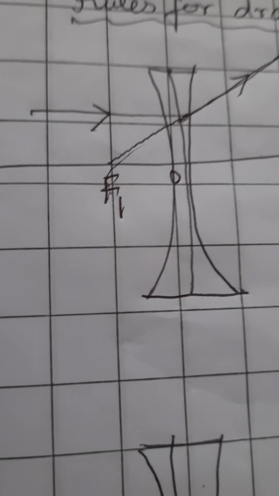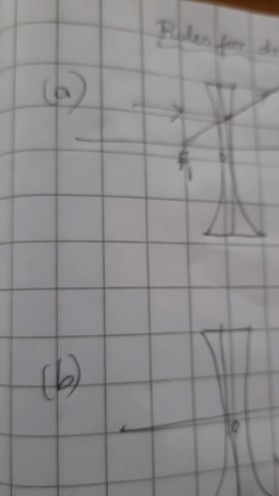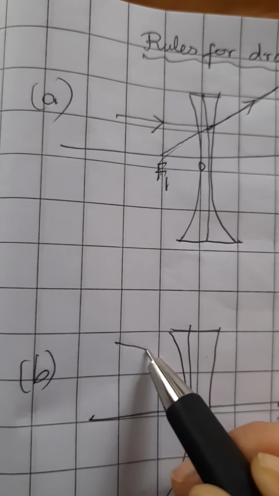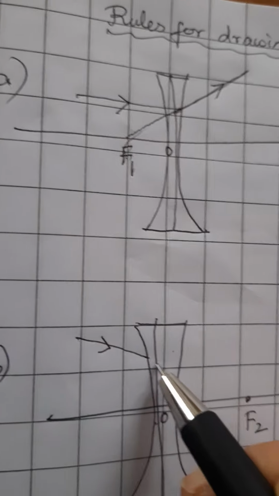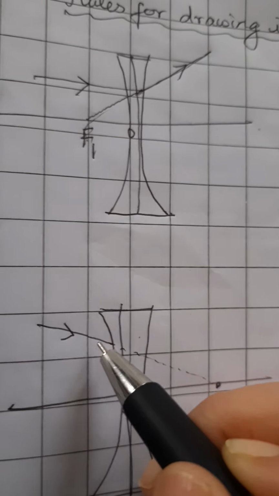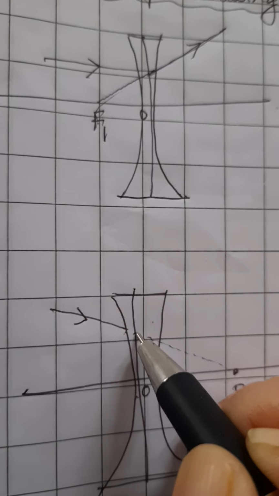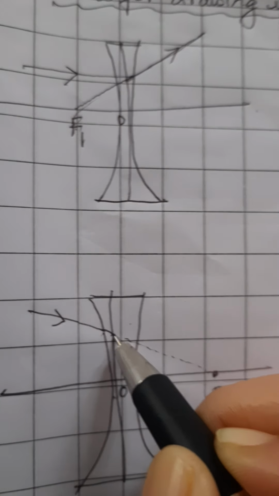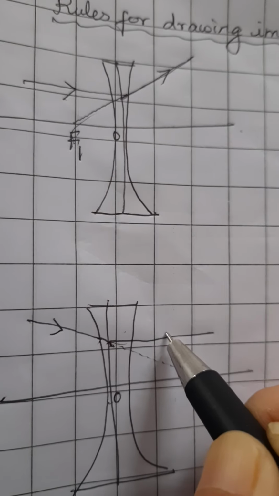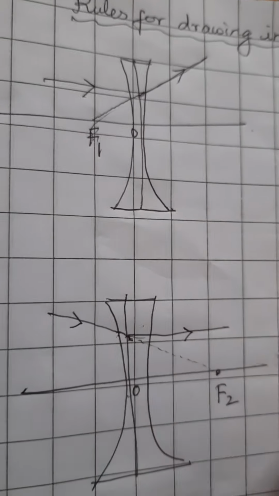In the second case, a ray of light which comes in the direction of the second principal focus, this is the second principal focus, will suffer refraction and will be parallel to the principal axis.